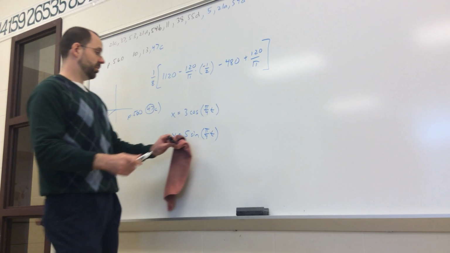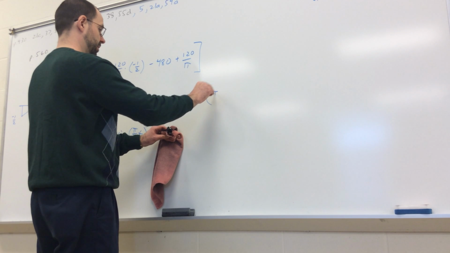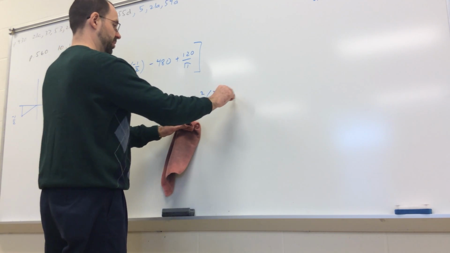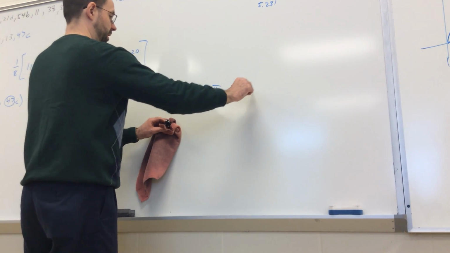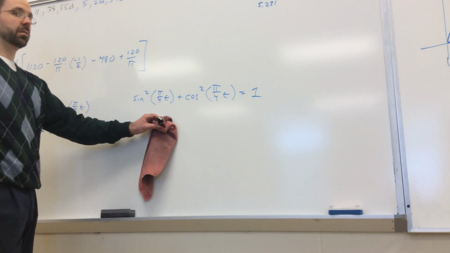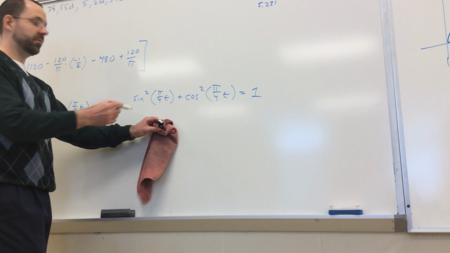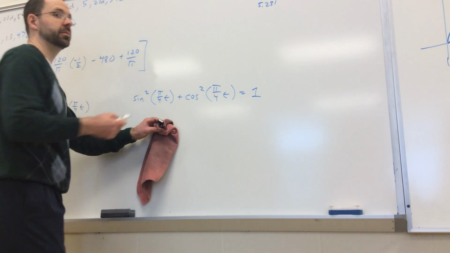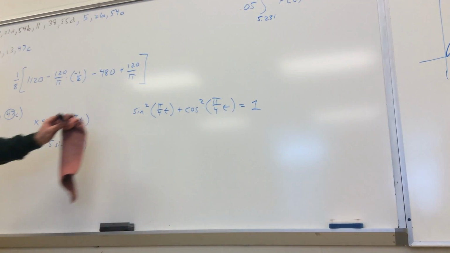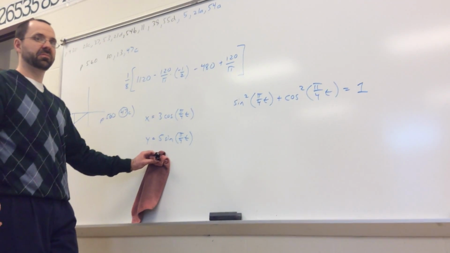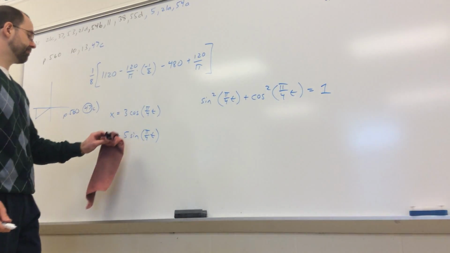So I know that sine squared of pi over 4t plus cosine squared of pi over 4t equals 1, because that's true for any number, right? So that's just an identity that is pretty much unconnected to this, except I know that there's sines and cosines, so I know I'm going to use this.